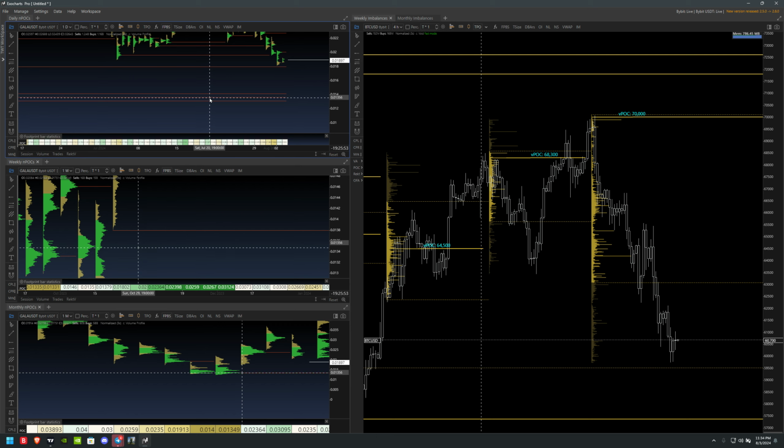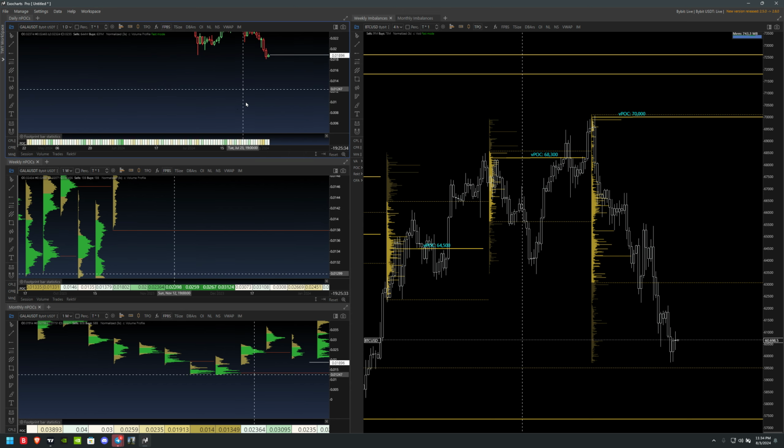If we put this middle one, 0.1365. Basically, all within this little area right here is 0.1381. We have a lot of confluence there.